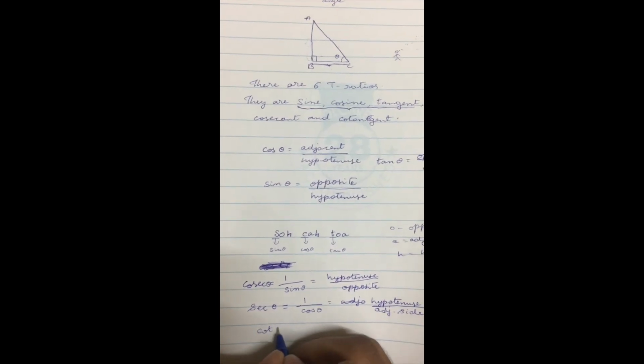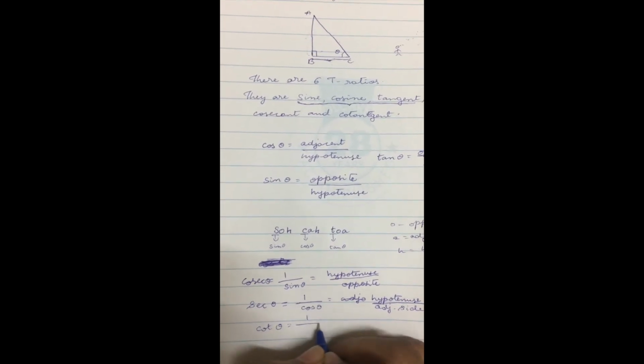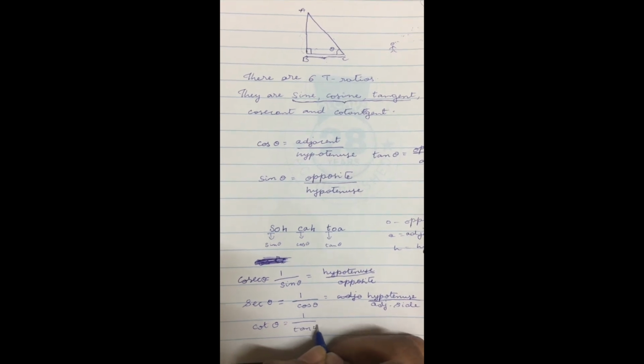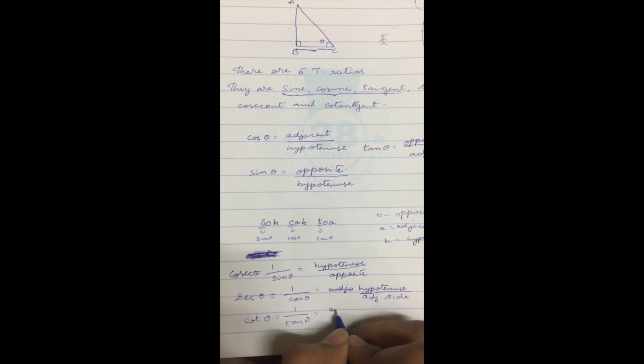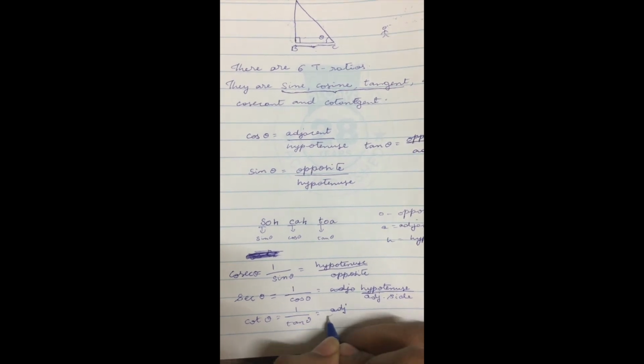Similarly, cot theta means 1 by tan theta. It is obviously adjacent by opposite.